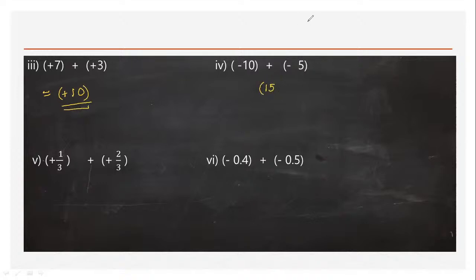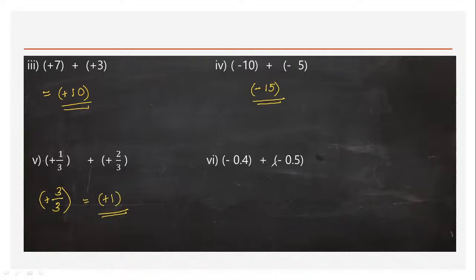Both of these are negative, so you can write minus 15. Now add these two, right? Positive and positive. Then same common denominator, so we can add numerators 1 and 2, 3 over 3. That is positive. 3 divided by 3, positive 1 is the answer here.